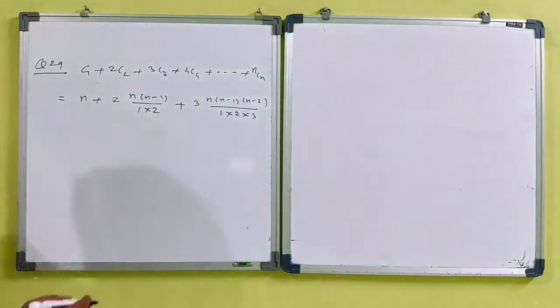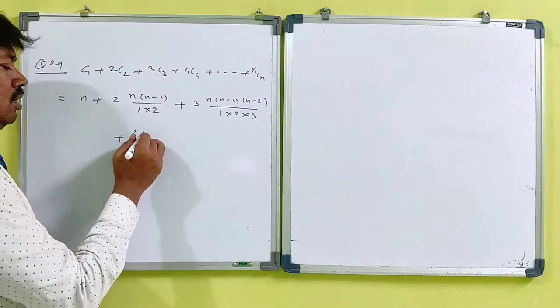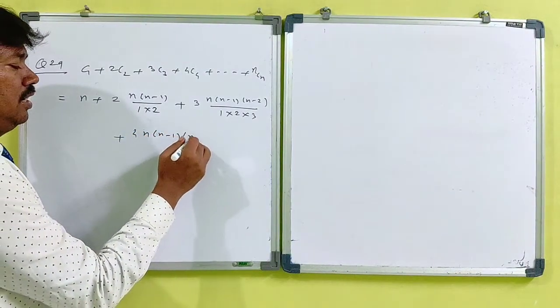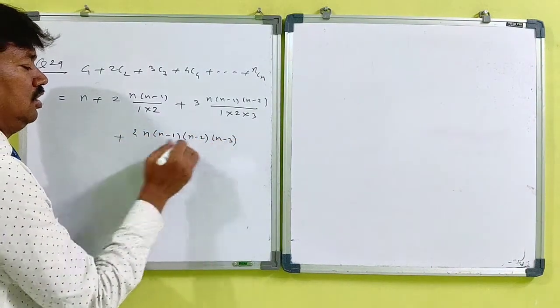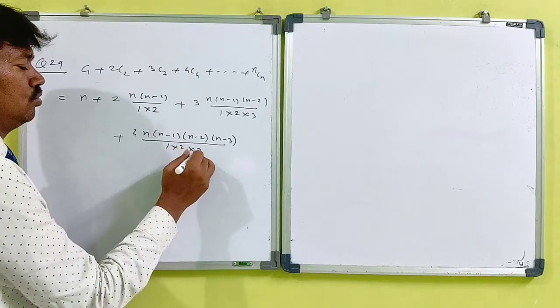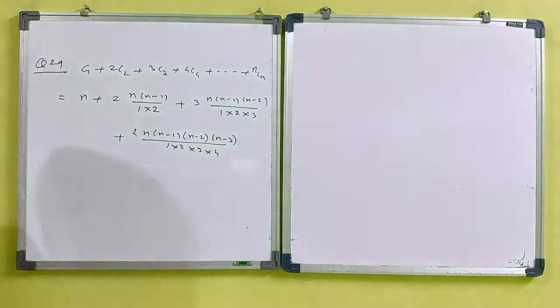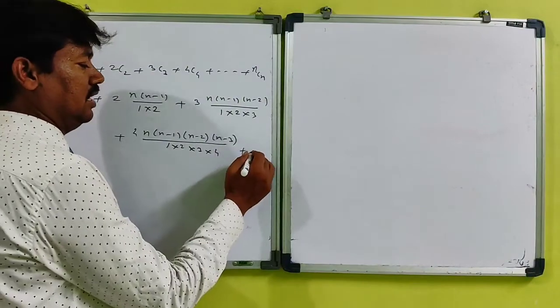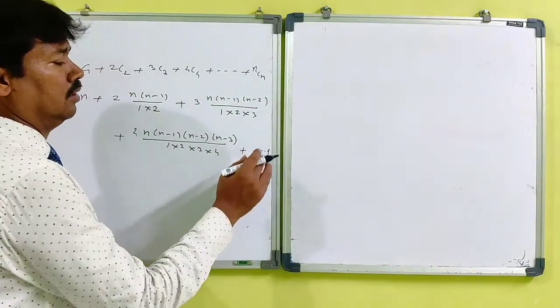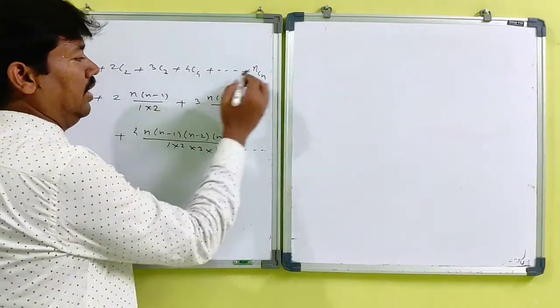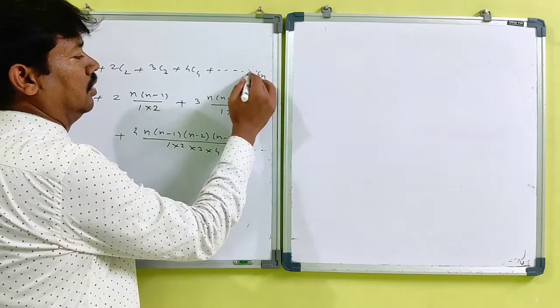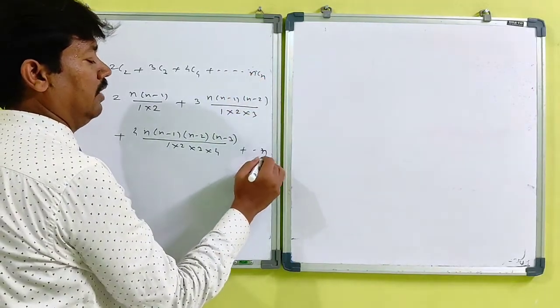It continues like this: 4 into n, n minus 1, n minus 2, n minus 3 upon 1, 2, 3, 4, and so on. The last is nCn, which is n into Cn, so it becomes n.